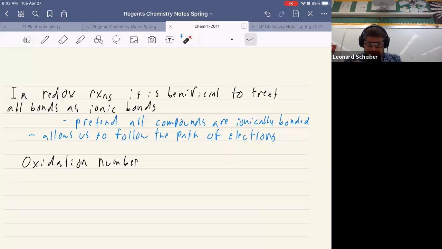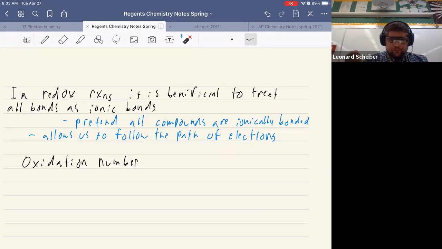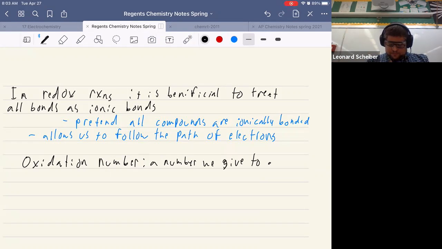That's why. It's because they're oxidation numbers. An oxidation number is a number we give to all elements as if all bonds were ionic.